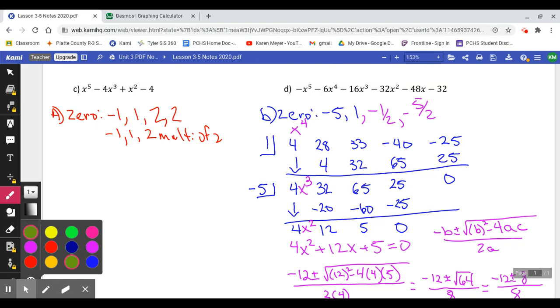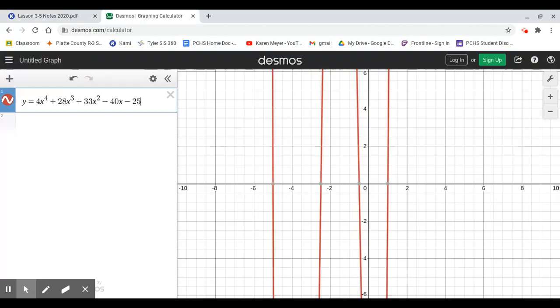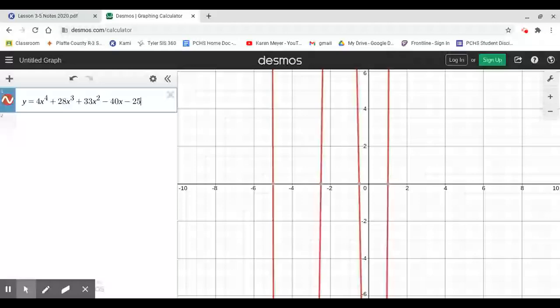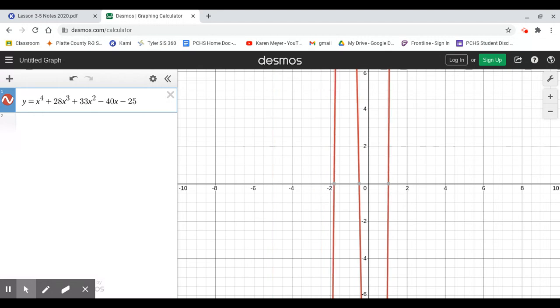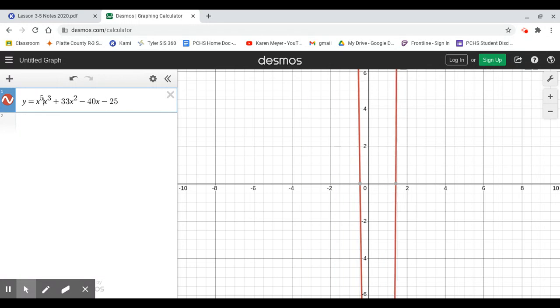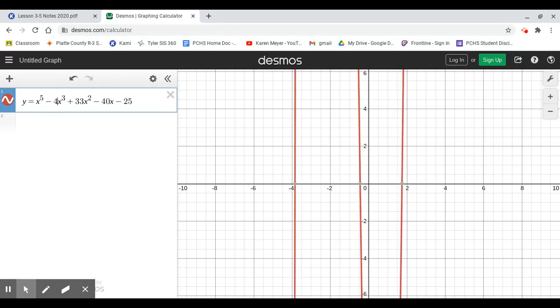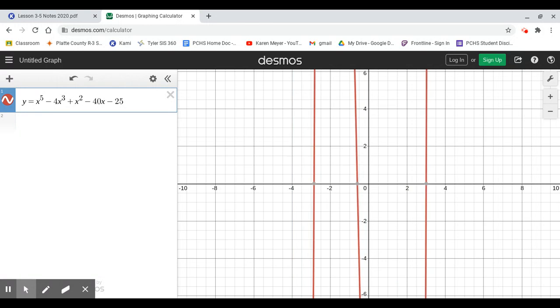So let's go to the next one. So let's go to C, and let's go type that in. So on C, I have x to the 5th minus 4x to the 3rd plus x squared minus 4.